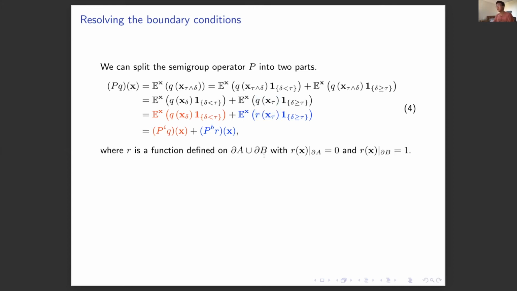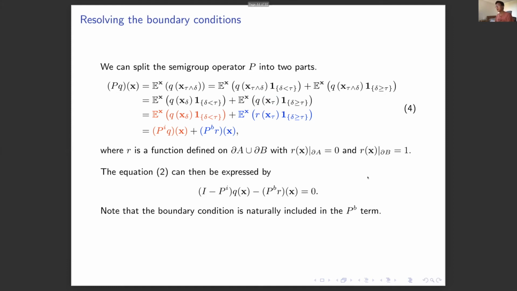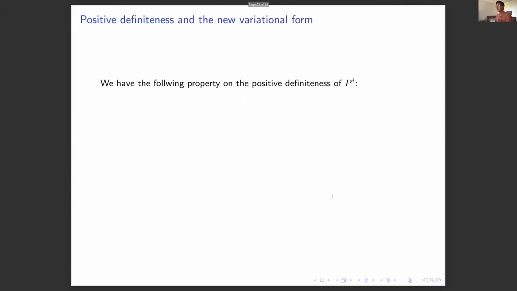Here R is the boundary function, which is equal to 0 at the boundary of A and 1 at the boundary of B. So in this way, we can express the original equation in this way, and the boundary conditions are naturally integrated into the function itself.